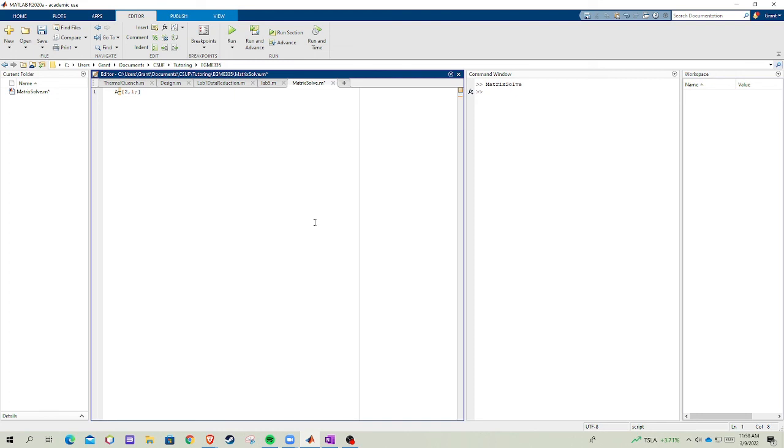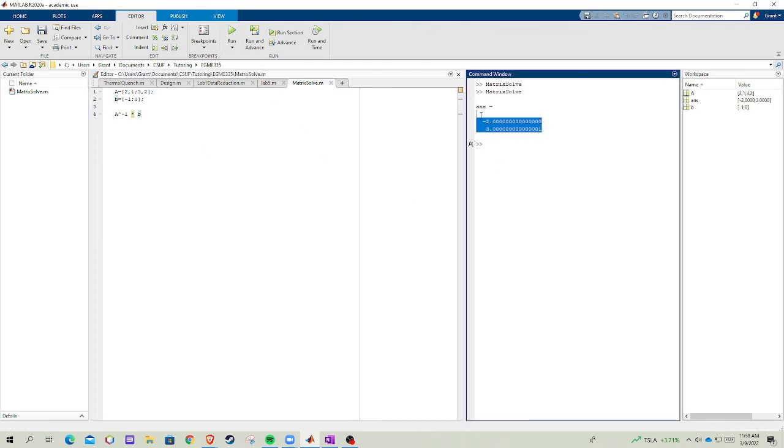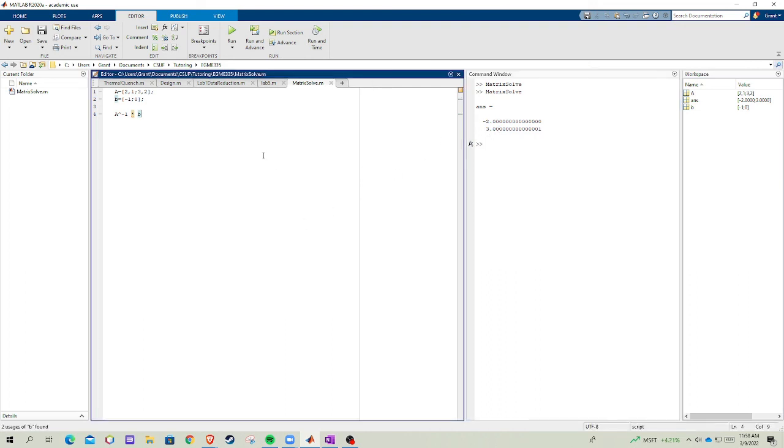So 2, comma 1, semicolon, 3, comma 2. That will give us the matrix for A, and then B is equal to -1, semicolon 0. Then all we're going to do is A to the negative first times B. This will give us X and Y in a 2x1 matrix. And there you go. We have found our answer. X is equal to -2 and Y is equal to 3.